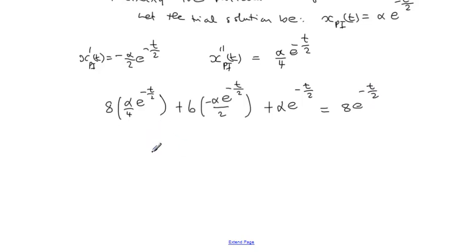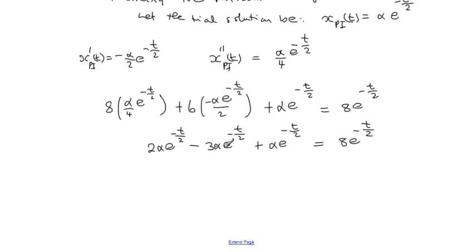Now simplify the left hand side here, we've got 2 alpha e to the power minus t over 2 minus 3 alpha e to the power minus t over 2 plus alpha e to the power minus t over 2 equals 8 e to the power minus t over 2.